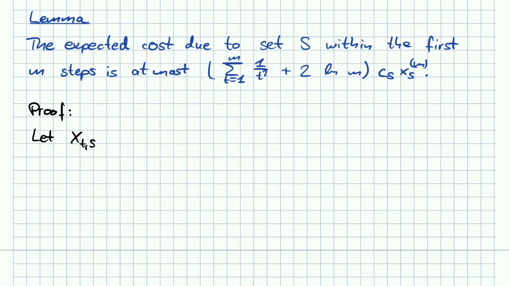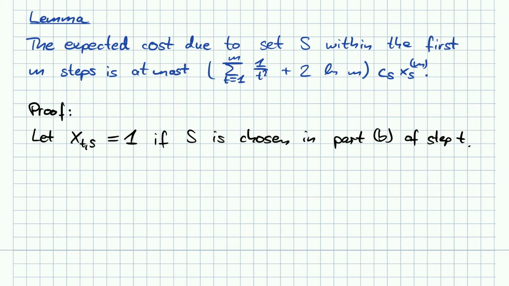If we let X_ts be equal to 1 if S is chosen in part B of step t, and we will let X_ts be 0 otherwise, then we'll have the expectation.